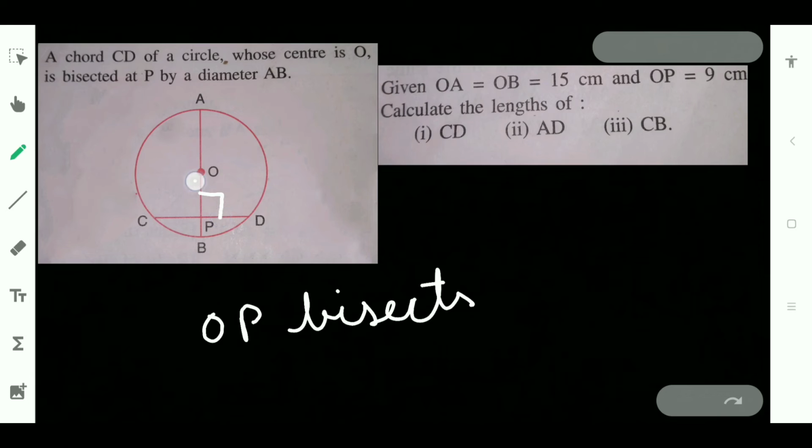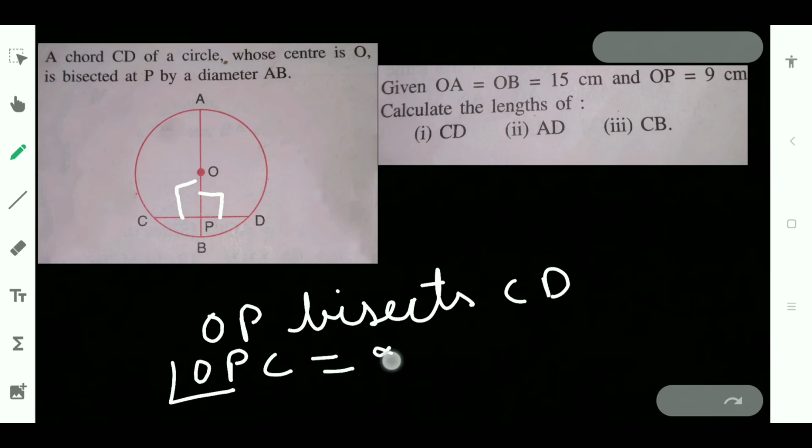One theorem I explained in the previous video is that if a line from the center bisects the chord, it will be perpendicular to the chord. So angle OPC is equal to 90 degree.